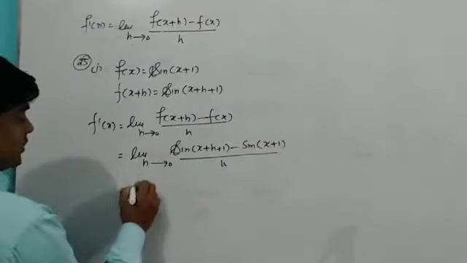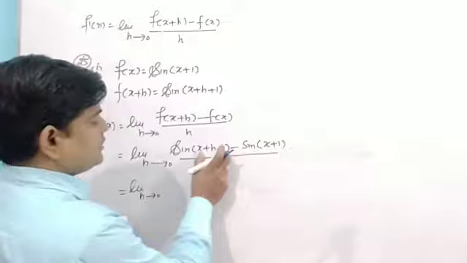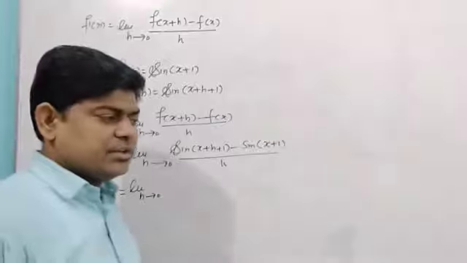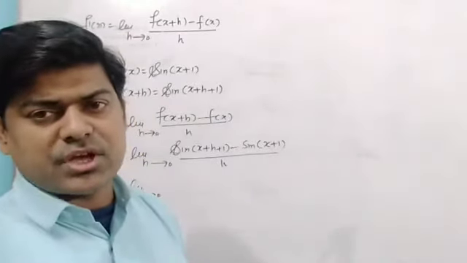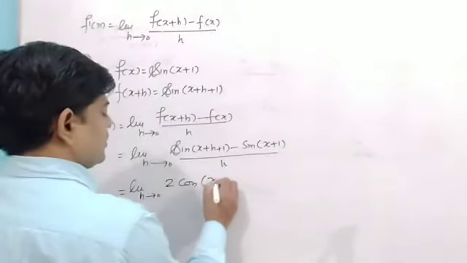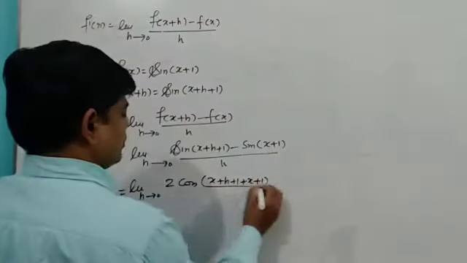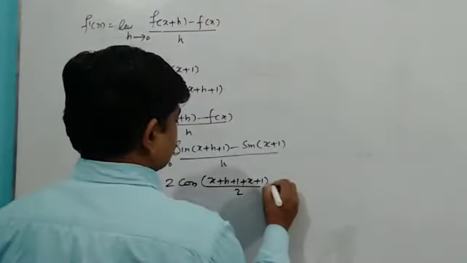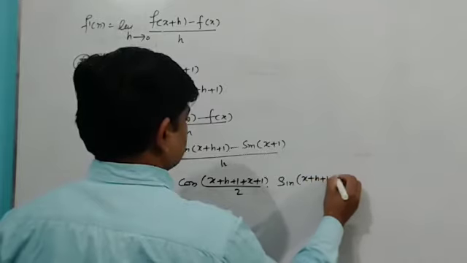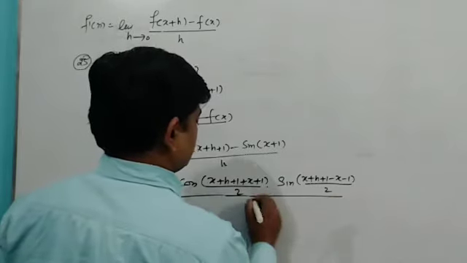I can simplify it with the help of trigonometry identities. If I take this one as c and this one as d, we had learned one thing, sine c minus sine d is 2 cos of (c plus d) upon 2 into sine of (c minus d) upon 2. So it can be written as 2 cos of ((x plus h plus 1) plus (x plus 1)) upon 2 into sine of ((x plus h plus 1) minus (x minus 1)) whole upon 2, and that whole upon h will be there.